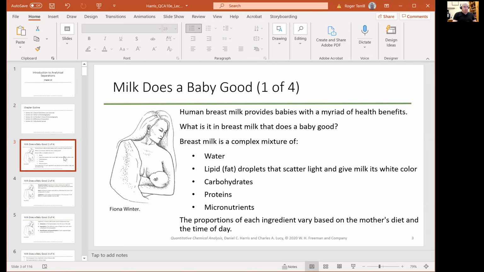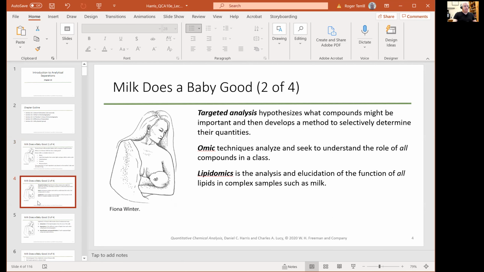We can give an example by looking at breast milk. Breast milk is a very complex mixture, and has obviously water, lipids, carbohydrates, proteins, and various vitamins. There are all kinds of different ways to analyze breast milk.